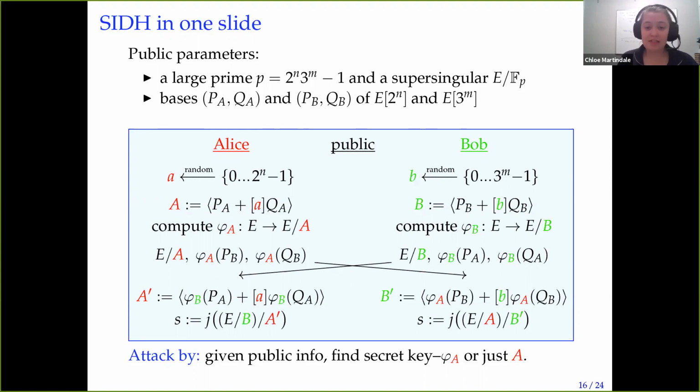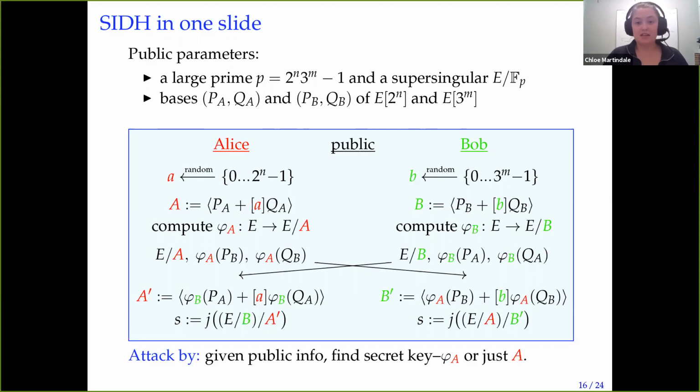And then they share some public information. So it's not only the endpoint of the walk, which is E_A, but it's also the images under this secret isogeny phi_A of the public points corresponding to B, and likewise for Bob.